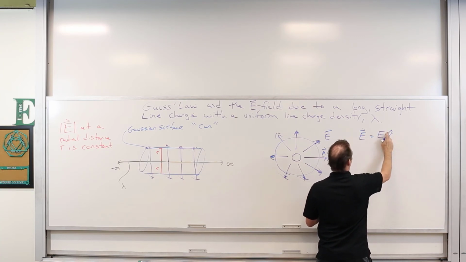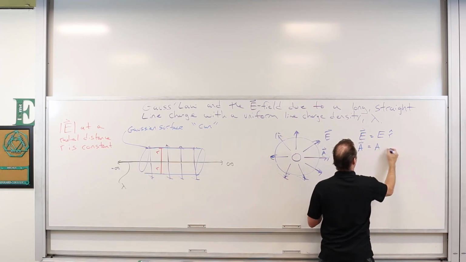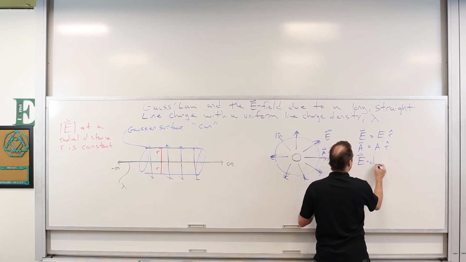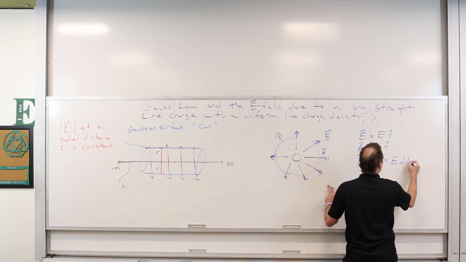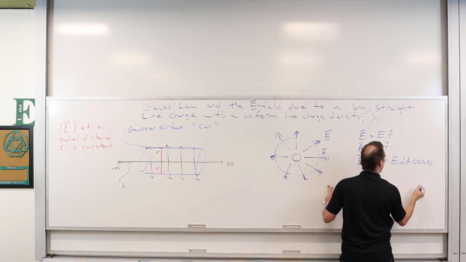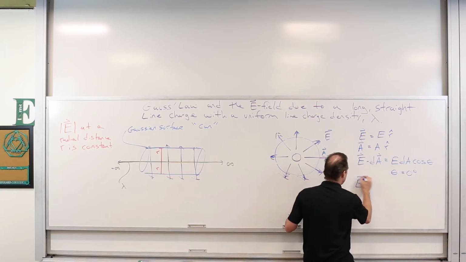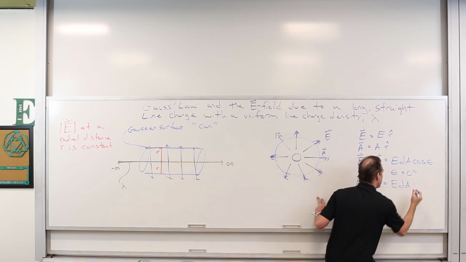This is cylindrically radial now, and A hat is equal to A times R hat as well. So when we have this E hat dot dA hat portion, this resolves into E dA times the cosine of theta, where theta is equal to 0 degrees. Thus E hat dot dA hat is equal just to E dA.